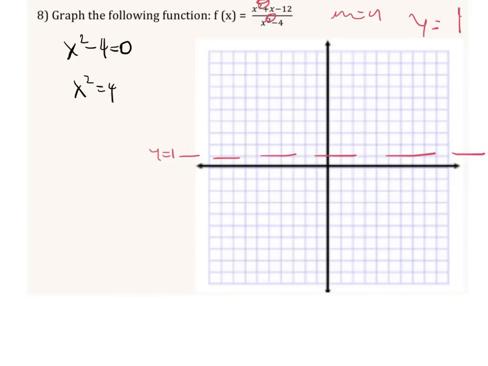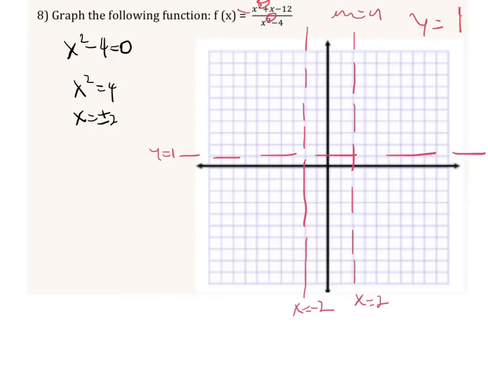X equals plus or minus 2. So we have vertical asymptotes at positive 2 and negative 2. Okay. And then plot some points.